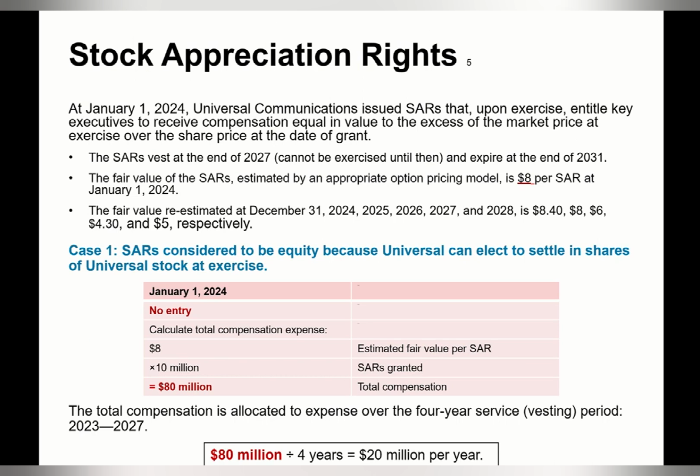Example: at January 1st, 2024, Universal Communications issued SARs that upon exercise entitle key executives to receive compensation equal in value to the excess of the market price at exercise over the share price at the date of grant. The SARs vest at the end of 2027, cannot be exercised until then, and expire at the end of 2031.